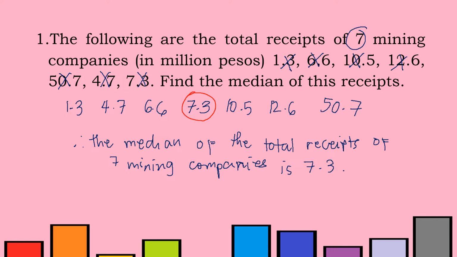Okay, in mathematical term, we can write it as x curve is equal to 7.3. So that is an example of median.